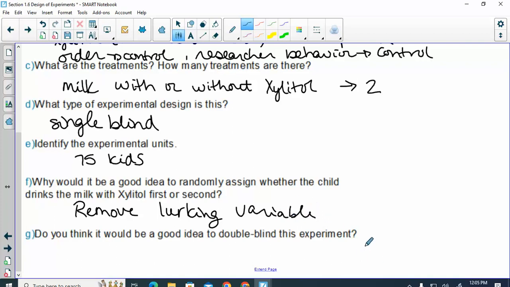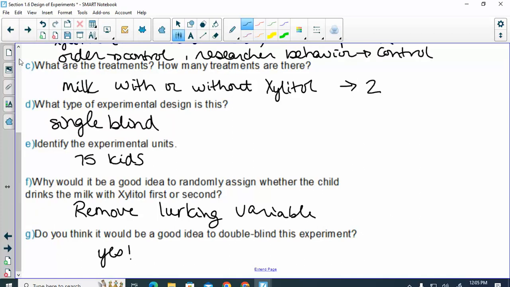Could it be a good idea to do a double blind in this one? Yeah. If my face is going to give it away, or I really want to prove that milk with xylitol tastes better, I might be biased. So it might be better to do a double blind, so someone else is pouring the milk and I'm just handing it to them.